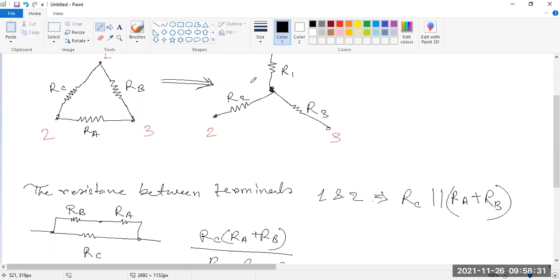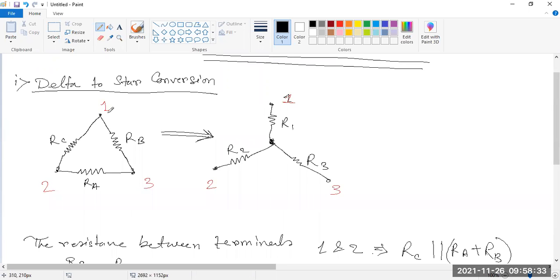Now if we go for the delta connection, look, this is node 1, that is also node 1, this is node 2, here is also node 2, here is node 3, that is also node 3. So the nodes are similar, meaning the terminal voltage is the common point.